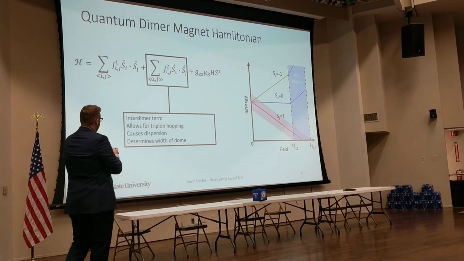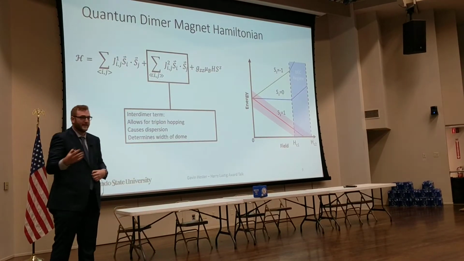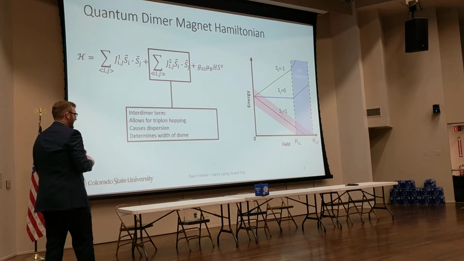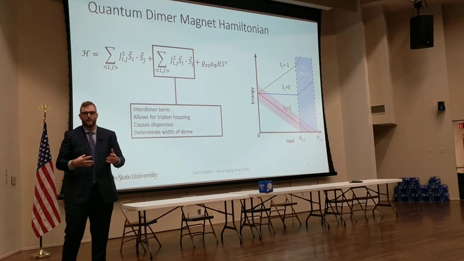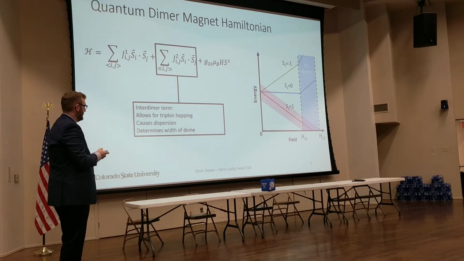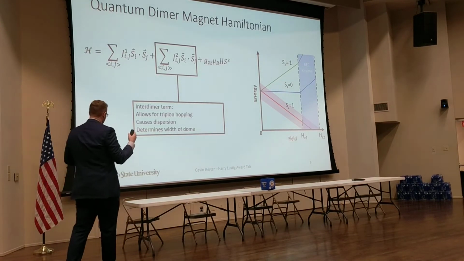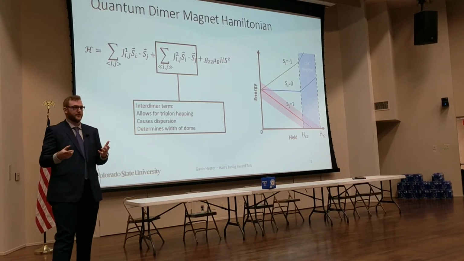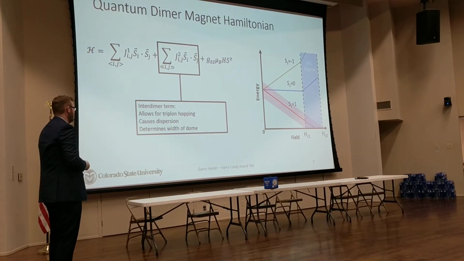The second term is an exchange interaction J2 between next nearest neighbor spins, and this is called the interdimer term. This allows for those triplons to hop from site to site, and it also determines the bandwidth of this state, and it determines the width of the characteristic dome in the field versus temperature phase diagram that I'll be showing you in a minute.